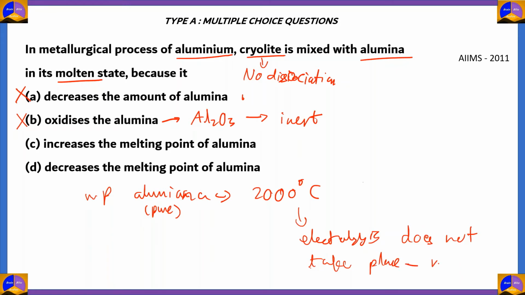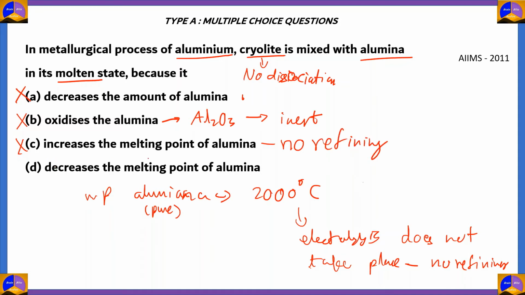So therefore, no refining. So if alumina in the pure state does not undergo refining, then if you start increasing the melting point, no refining takes place. So option C is also incorrect.